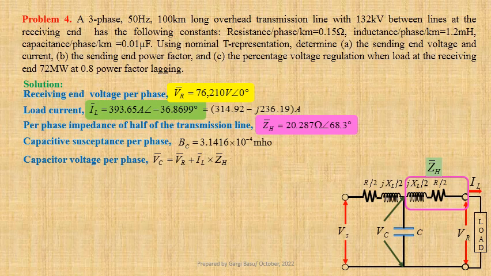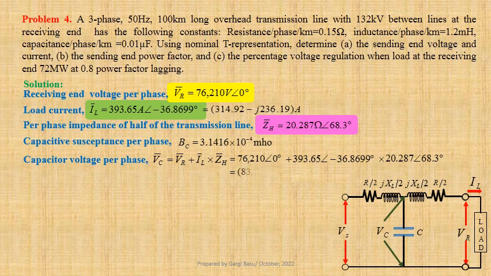Using values we get 76,210 at an angle 0 degree plus 393.65 at an angle minus 36.8699 degree into 20.287 at an angle 68.3 degree.